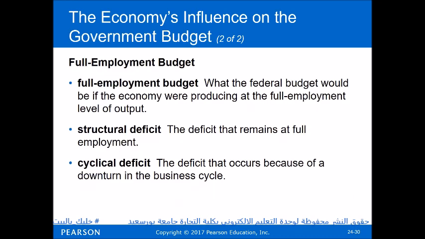The full employment budget: what the federal budget would be if the economy were producing at the full employment level of output. So full employment budget refers to what the central or government or federal budget would be if the economy were producing at the full employment level of output.